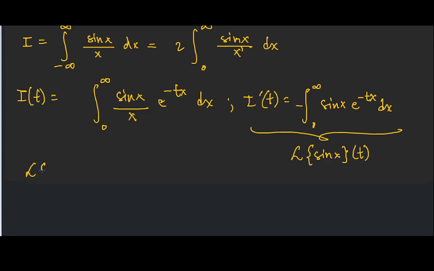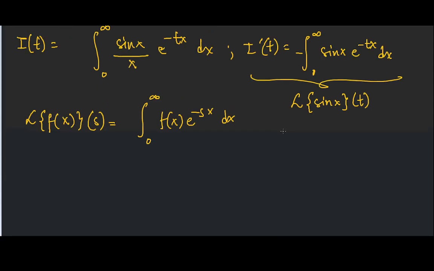Recall that the Laplace transform of a function f of x with respect to a complex variable s is defined to be the integral from 0 to infinity of f of x e to the power of negative sx dx. You could just find this by integration by parts, or just by looking up the table of Laplace transforms.